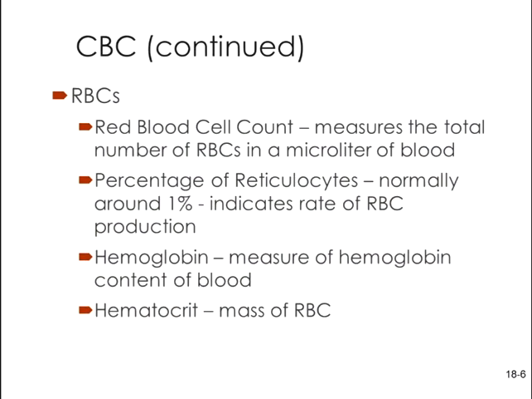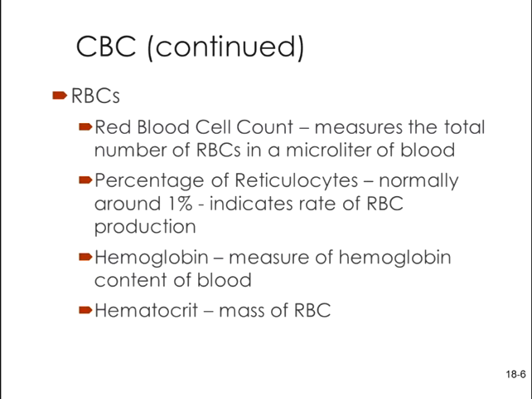So your red blood cells, you can do an RBC count or red blood cell count, and that's just going to measure the total number of red blood cells in a microliter of blood. Remember, if the red blood cell count is too low, we might assume that someone is anemic. If it's too high, we might assume that someone has polycythemia, and we discussed those already with the red blood cells. We're also going to look at the percentage of reticulocytes.